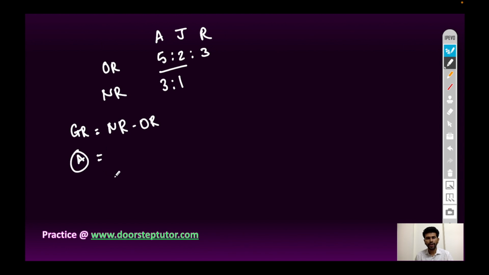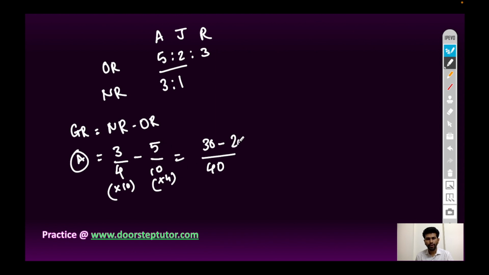Gain ratio of Mr. Amit is new ratio, that is 3 by 4, minus old ratio, that is 5 divided by 5 plus 2 plus 3, 10. So we have to multiply by 10 and this by 4. Denominator will be 40. 10 by 10 into 3, 30, minus 5 into 4, 20. 10 by 40.